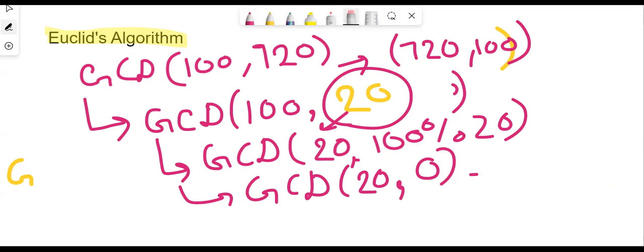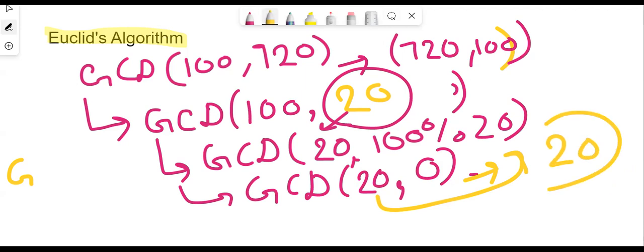Now we found the answer, which is A, when we got B equal to 0, which is 20. So the highest common factor or greatest common divisor is 20. We found the GCD within 2 steps only. So that is the beauty of Euclid's algorithm.